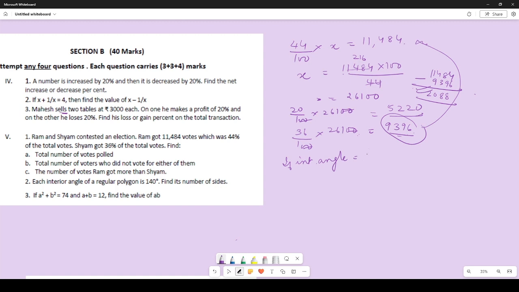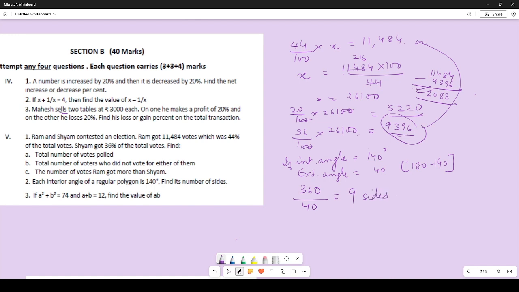If interior angle is 140 degrees, it means exterior angle will be equal to 40 degrees. How come? 180 minus 140. You know that the interior and the exterior angle make a linear pair. So if exterior angle is 40 degrees and you know the sum of all exterior angles is 360, you get the sides as 9 sides.